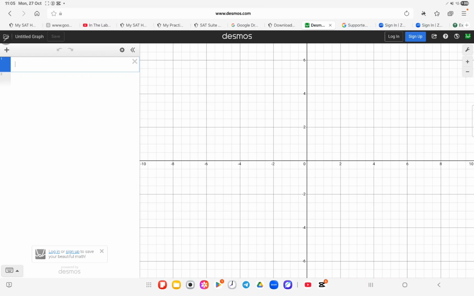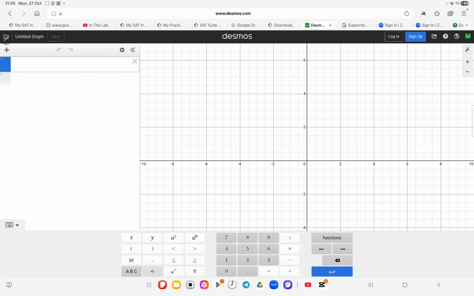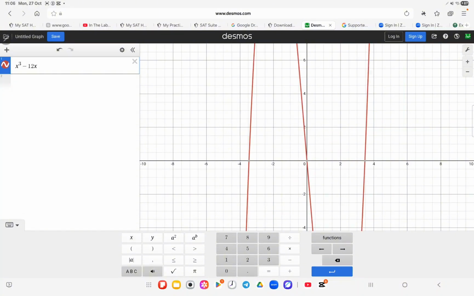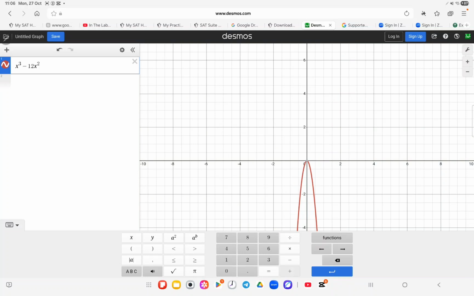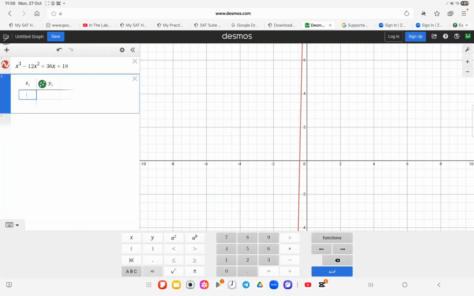Now, assuming that a calculator is allowed, I'll come here and I will write my equation. I'm going to be writing x cubed minus 12x squared plus 36x plus 18. And now I'm going to be clicking on this sign here, and I'll be putting a table. And I'm going to ask it for when the x is 10, how much is my y?